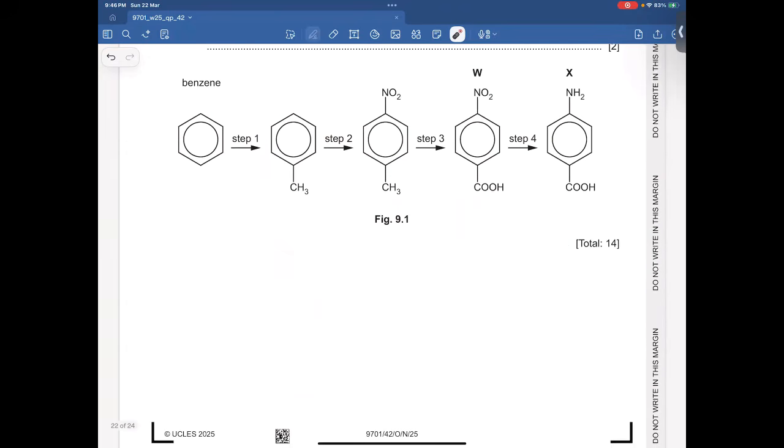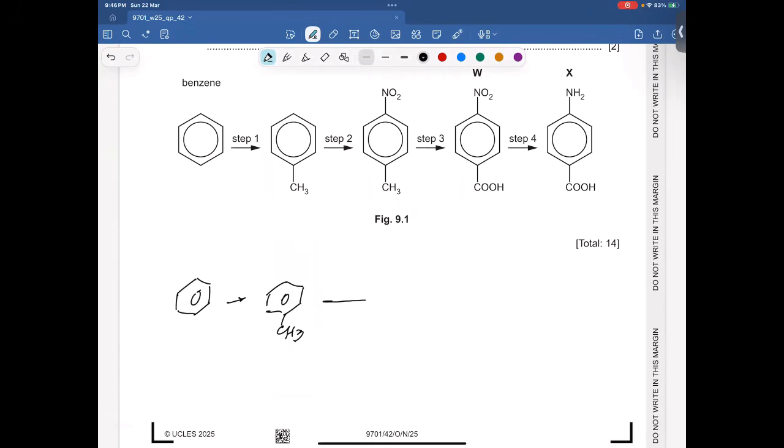Let me show you the entire process. This is the benzene ring. Because of alkylation, you will get CH3. Instead of nitration, I'll go for oxidation so that I'll get COOH, because COOH is a meta directing group. Now for nitration, the NO2 group needs to attach on the third or fifth carbon atom.